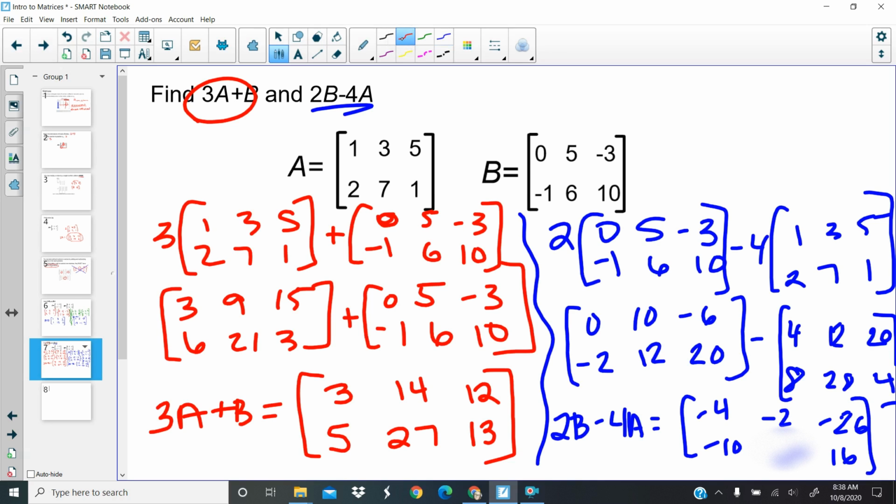And so then this would be my resulting matrix from doing 2B minus 4A.